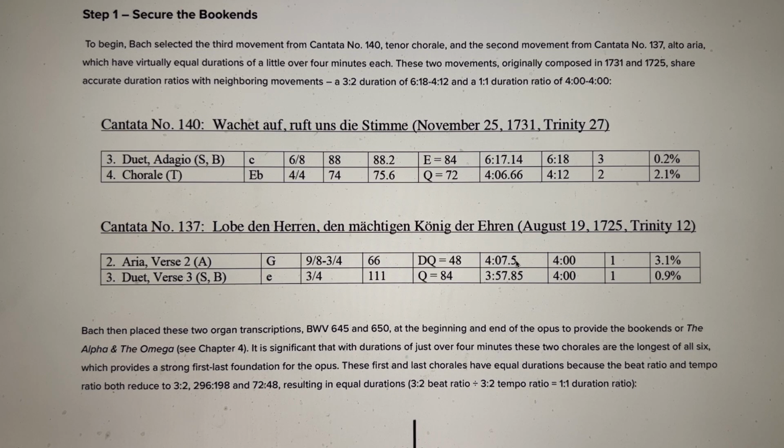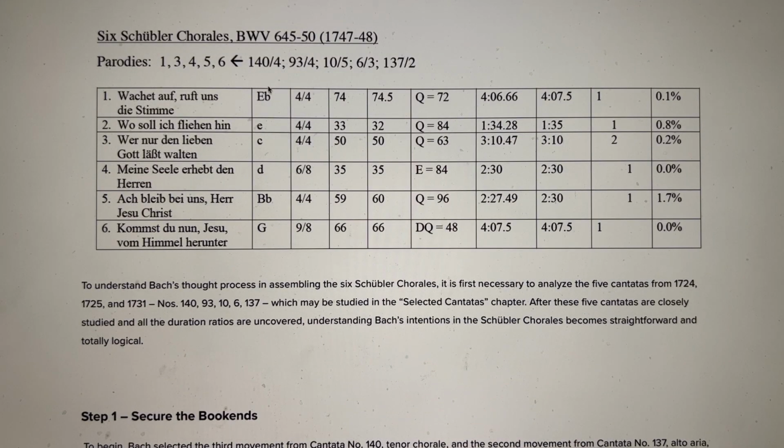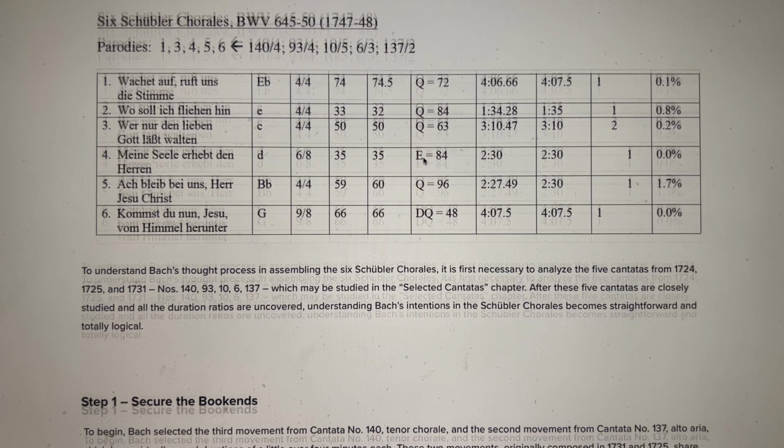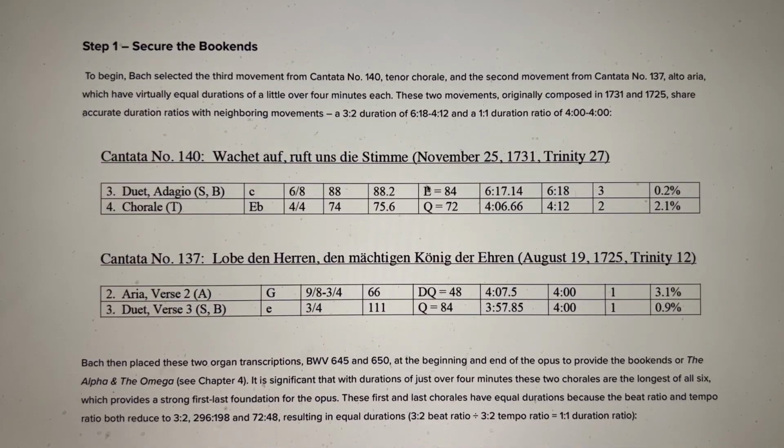So this tells us that after over a 20-year period from the time of the writing of these cantatas to 1747, by the way, these cantatas come from the 1720s and maybe 1730 at the latest, so these were written many years before he assembled the Schübler chorales, it is astonishing that he put 2 pieces at the first and the last positions, and they have the exact same durations, just a little over 4 minutes.